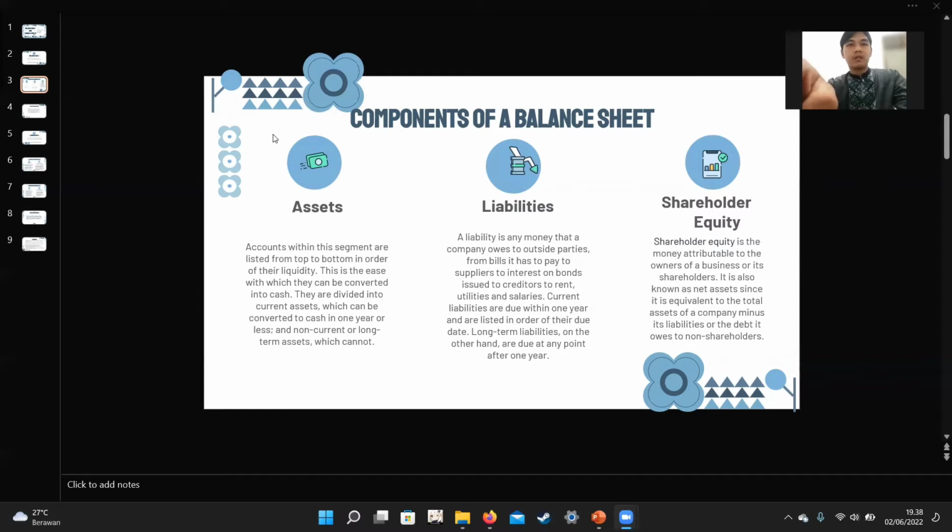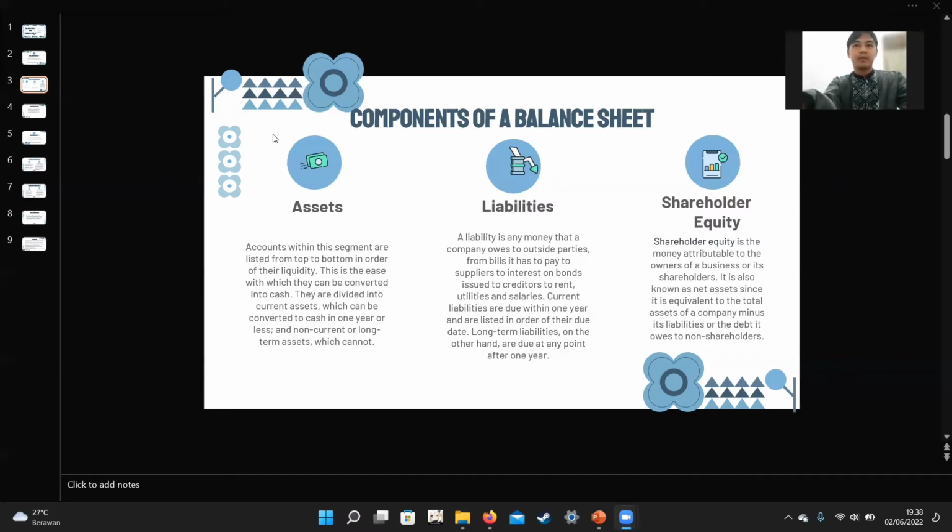Current liabilities are due within one year and are listed in order of their due date. Long-term liabilities, on the other hand, are due at any point after one year.